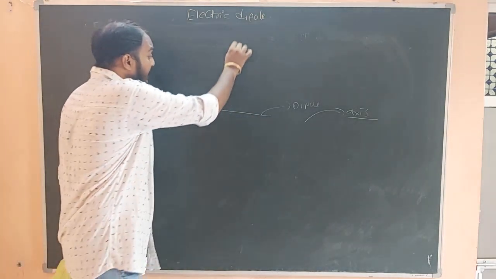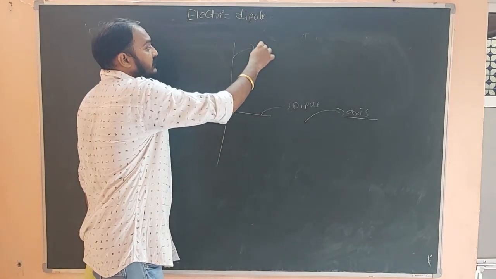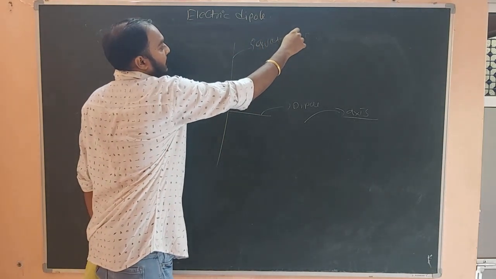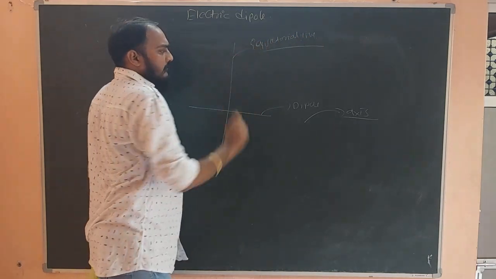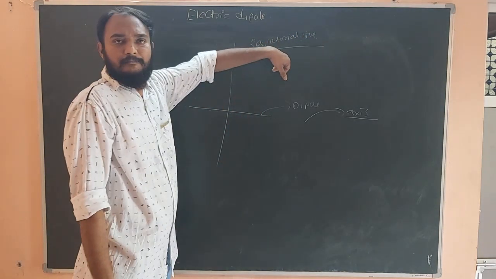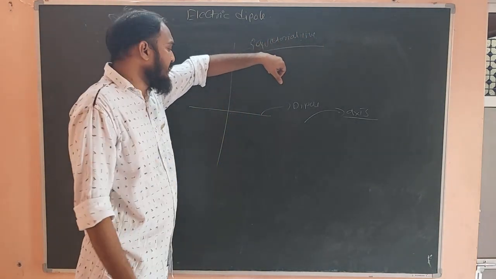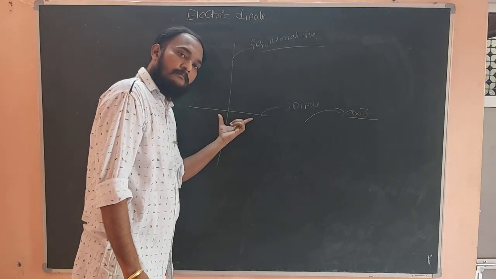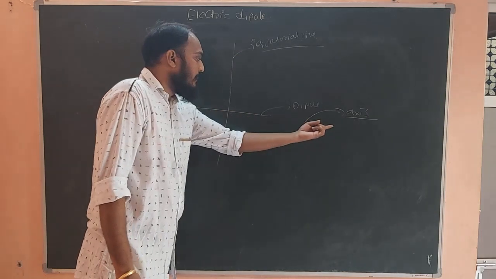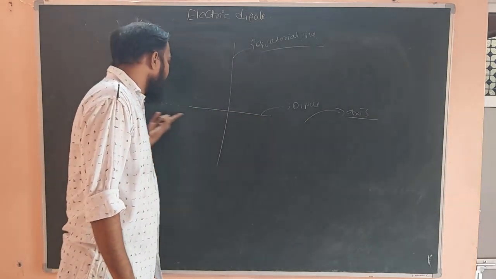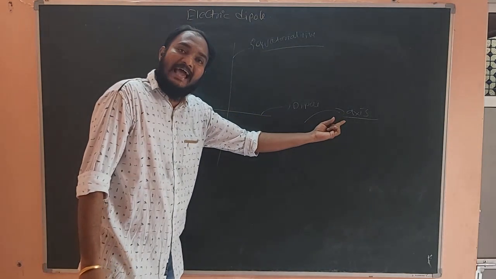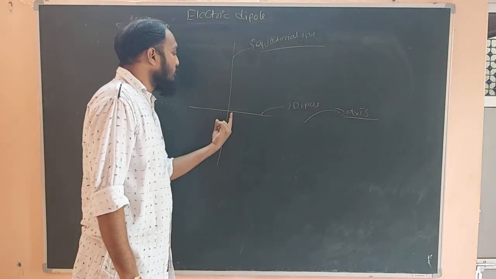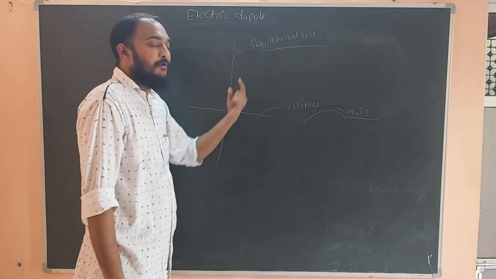And the line perpendicular to this dipole is known as the equatorial line, or equator. Once again, suppose this is your dipole. Any horizontal line passing through this dipole is known as the axis. Any perpendicular passing through this dipole is the equatorial line.